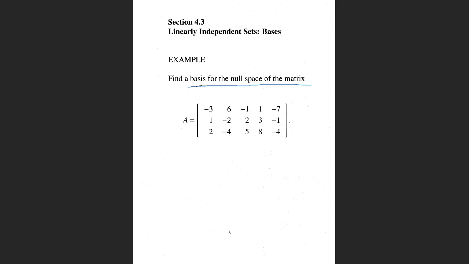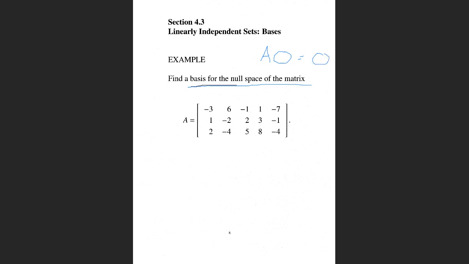Okay, so we want to find a basis for the null space of a matrix. And how do we find the null space of a matrix? What consists of the null space? A times something equals something.